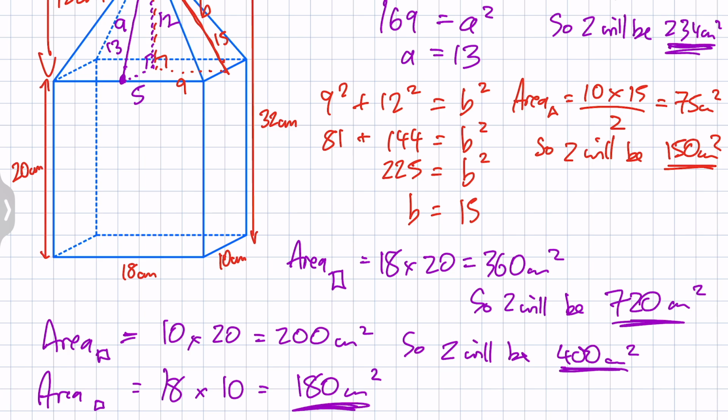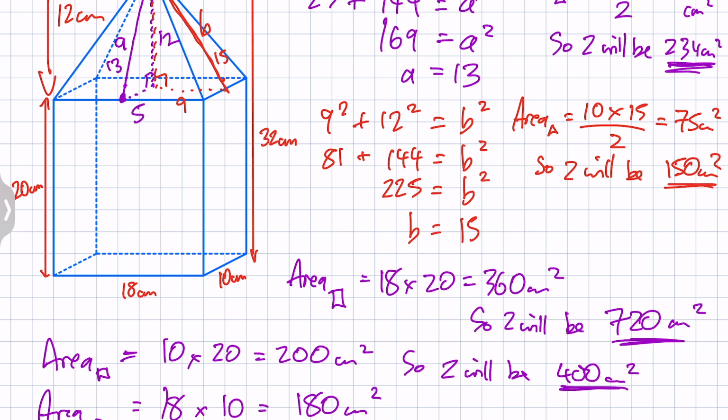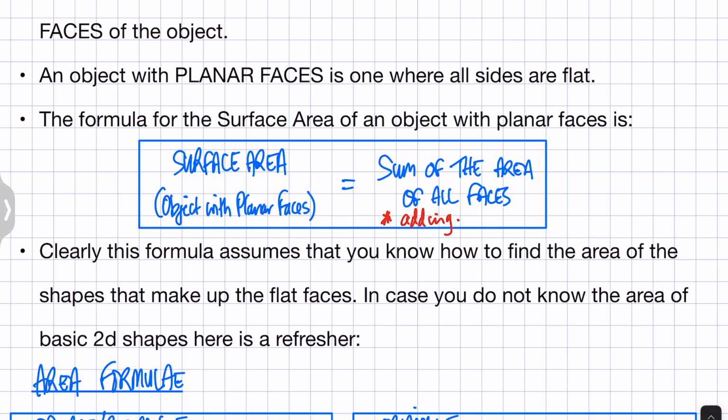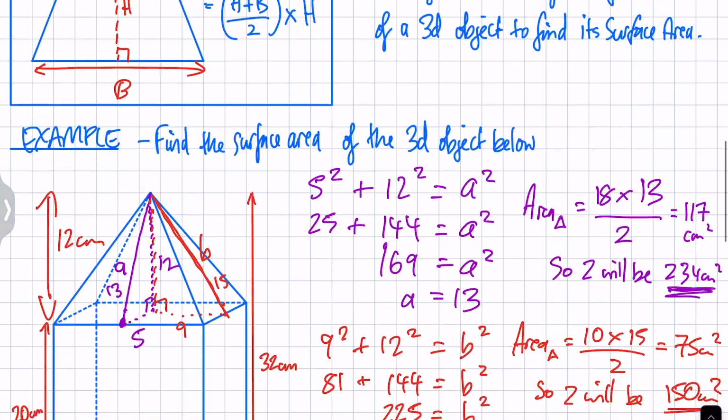What do I need to do with all the underlined numbers to get the total surface area? Times them. Add them. Okay, because what did this formula say? Sum of all the areas. Did we find all the areas? Have we summed them yet? No. So add them all together.